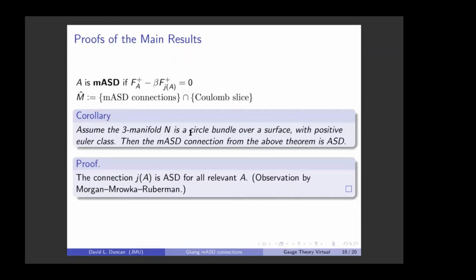And so, well, if J of A is ASD for every single relevant connection A, in particular, J of A will be ASD for that mASD connection guaranteed by the previous theorem. So this part will automatically be 0. Well, that means that FA plus is equal to 0 for that mASD connection. So your mASD connection is actually ASD.